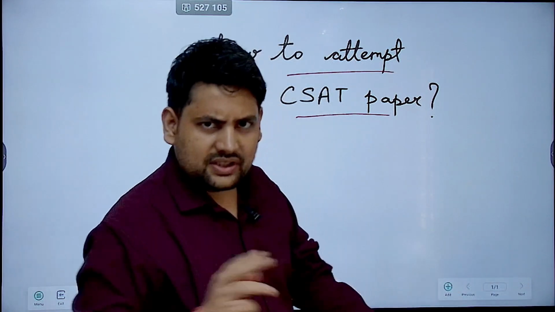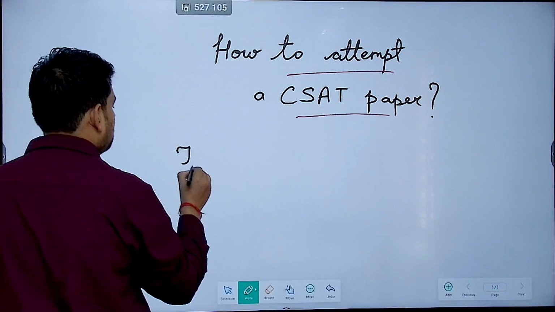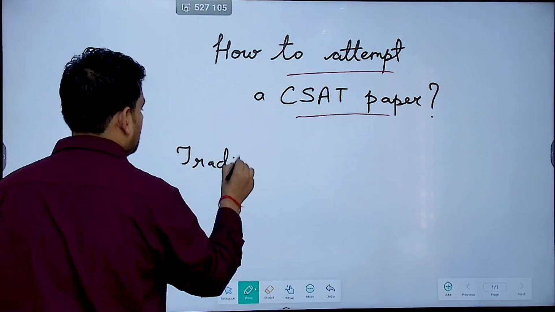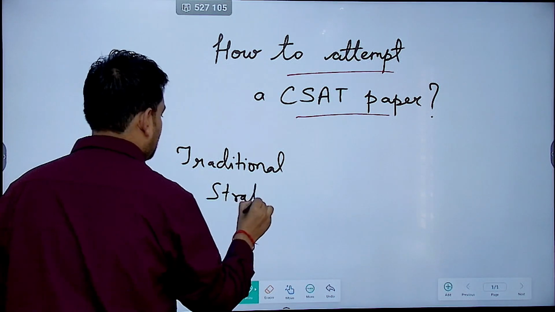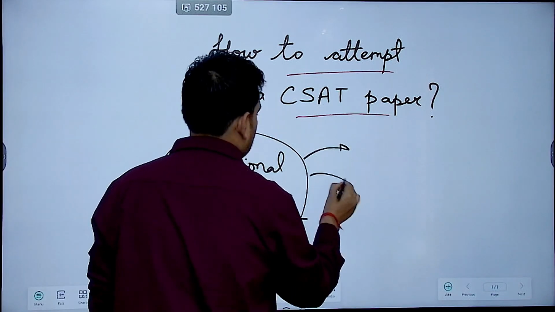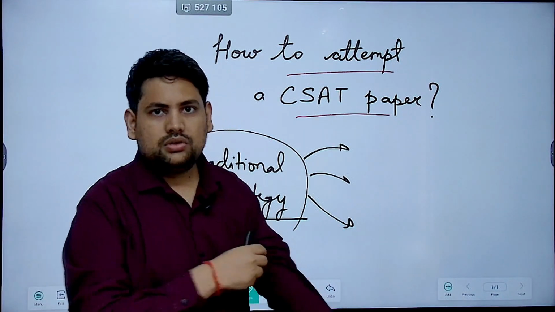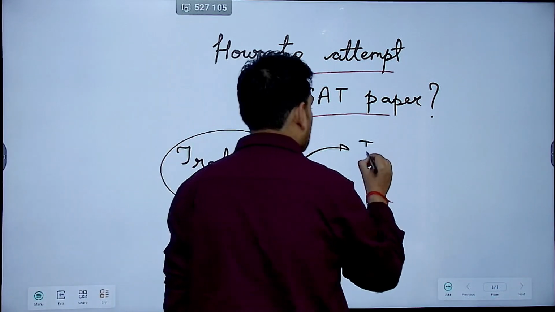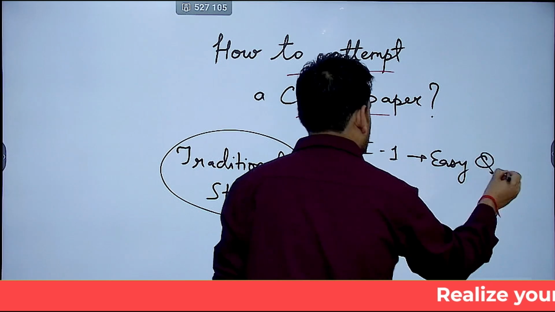See, first I'll tell you the traditional strategy that is followed by most students and teachers. So what is the traditional strategy? You divide it into three parts. In the first iteration, you do easy questions.